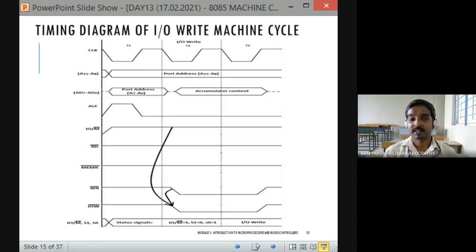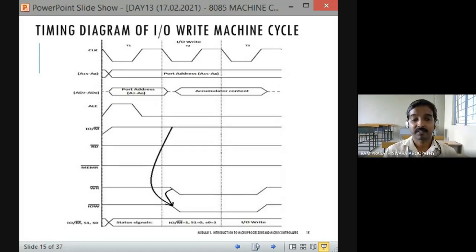Sorry, every instruction cycle, not machine cycle. At the last T state of all the instruction cycles, it checks whether any interrupt occurred or not. Note this point down.